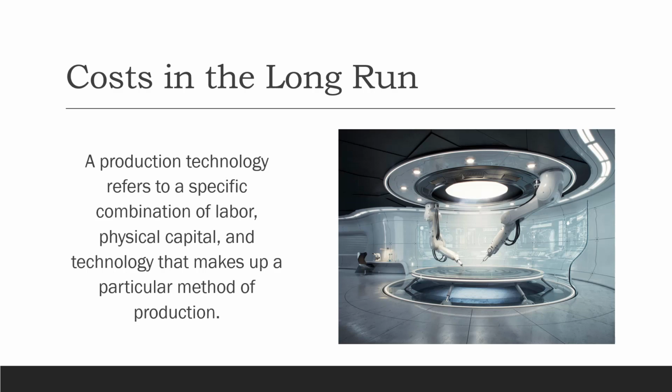Constant returns to scale refers to a situation where average cost does not change as output increases. And diseconomies of scale refers to a situation where as output increases, average costs also increase.